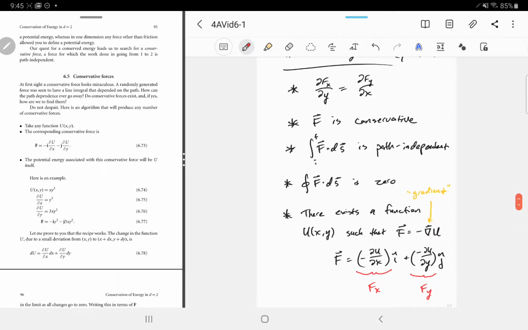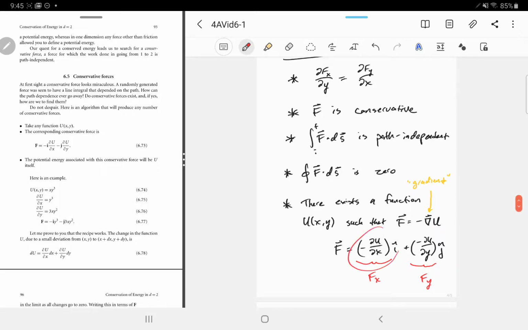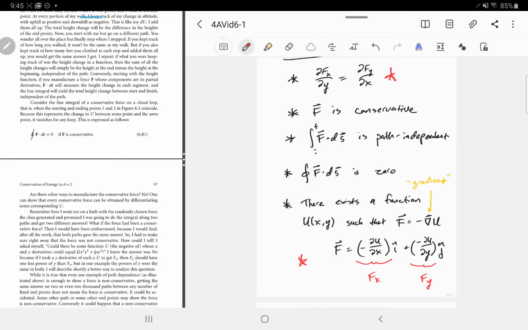So if I look at this condition on the very top, if I take the derivative of this with respect to y, it's the second derivative of U. If I take a single derivative of this, that's two derivatives of U. But one of them is with respect to x and one of them is with respect to y. And if I take the derivative of this with respect to x, then that's, again, a second derivative of U, first with respect to y and then with respect to x. So the reason this is related to this right here, down here, is because of the equality of mixed partials.